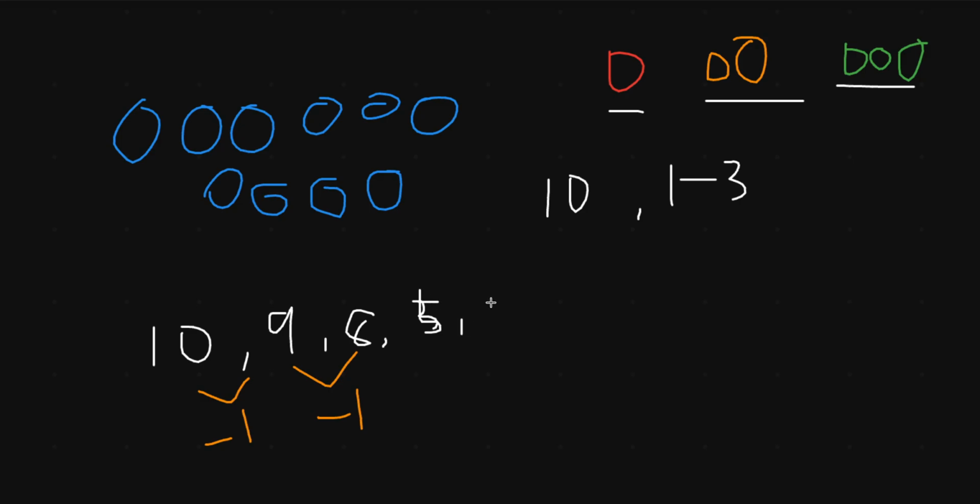Your opponent takes one, so that's 4. Now you're at a crossroad, because if you take 3, that makes it 1, and then he just has to take 1, reaching 0, and he won.